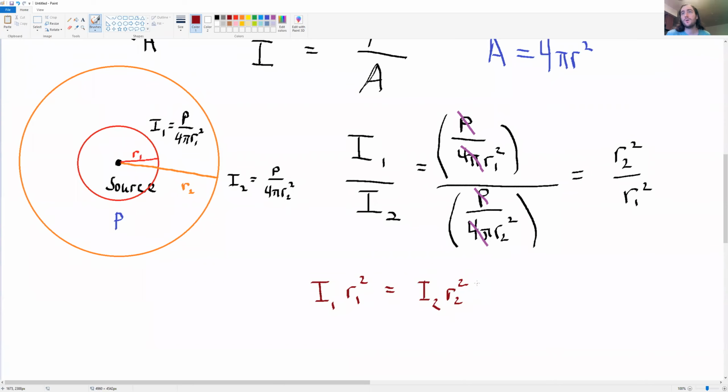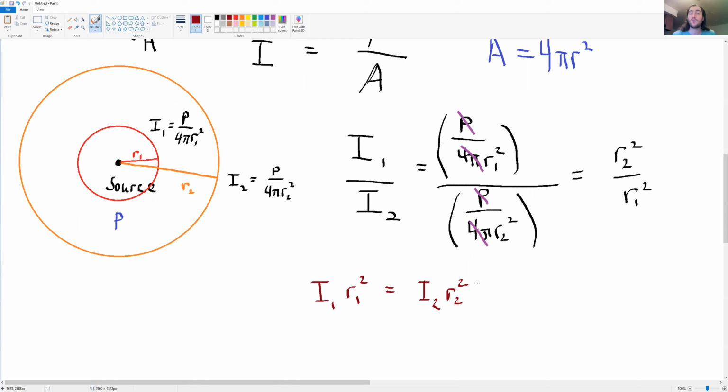So if I can measure the intensity, or excuse me, if I am 5 meters away from a source and then I go to 10 meters away from that source, I can take the ratio of those distances squared and I know the ratio of the intensities.